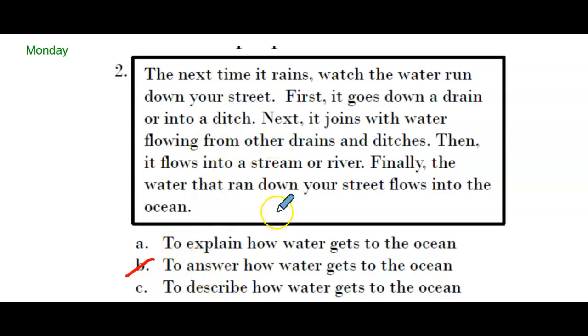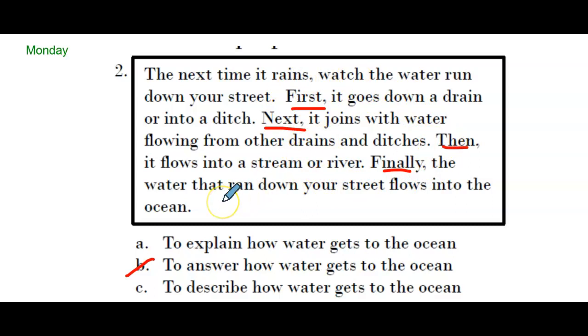So would the best answer be to explain how water gets into the ocean or to describe how water gets into the ocean? I do remember seeing the words first, next, then, and finally. Boys and girls, are these describing words or explaining the steps words?